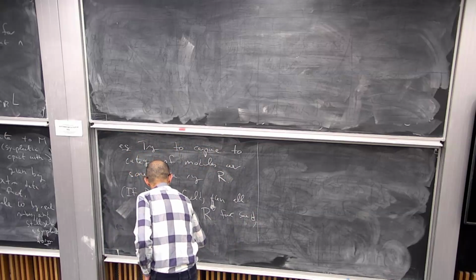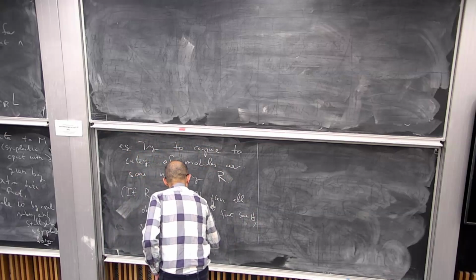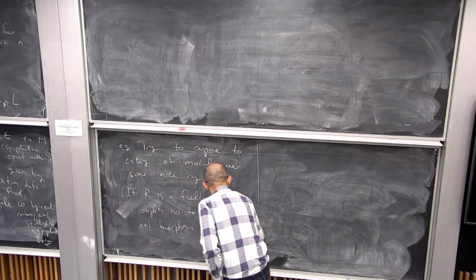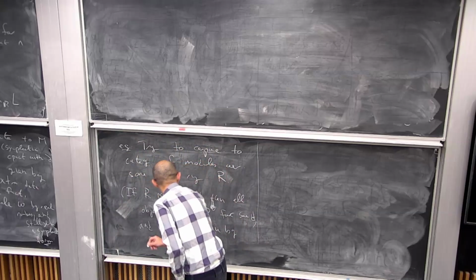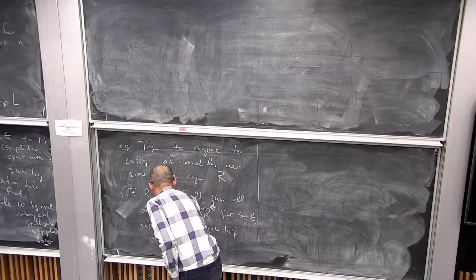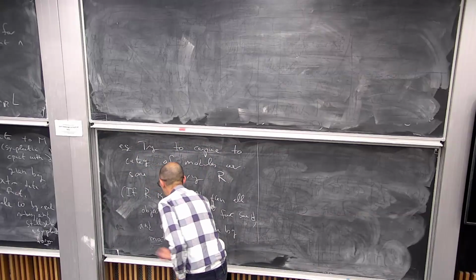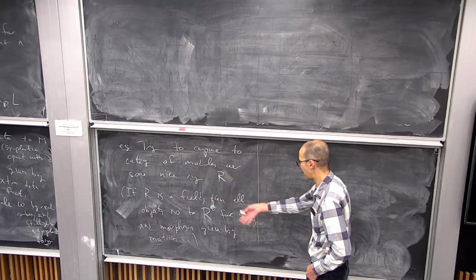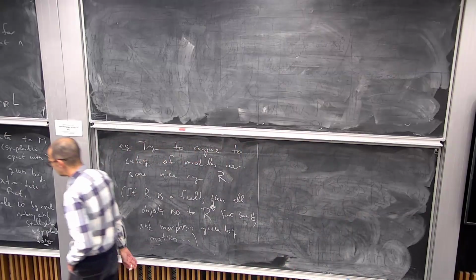Great, I feel very smart. But it's very well known that as soon as you go out of this range of very, very simple algebras, you cannot do this anymore.